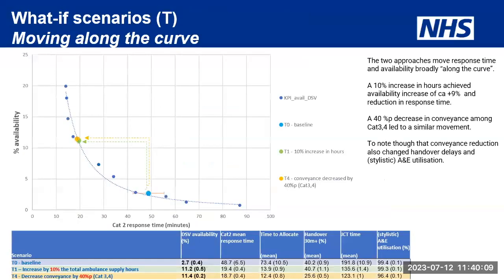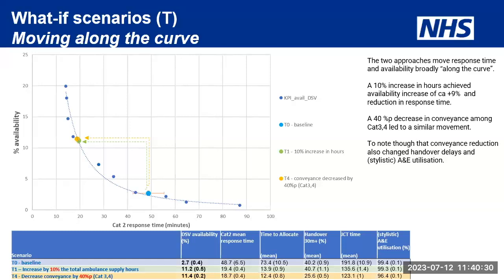So one way of showing this is what it does to the curve. Some things move along the curve. There might be changes that actually substantially shift the curve itself. But in this case, if you increase the hours by 10%, you see the availability increase and how category 2 response time changes.